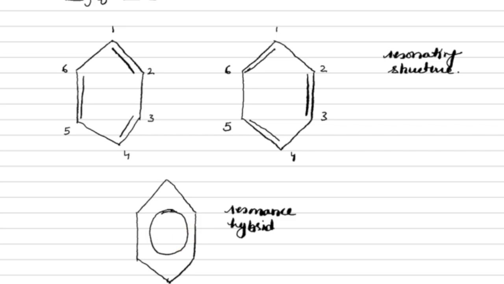Now, if we have a structure like that, or a resonance hybrid, pi bonds are moving around, they are getting delocalized. What is the point of moving around? Because they are moving around, they behave as if they are helping everyone. So every bond length is the same. Or we can say they increase the strength everywhere, right? So the bond strength is also the same.